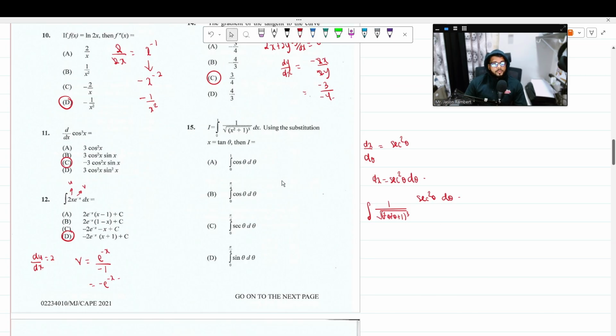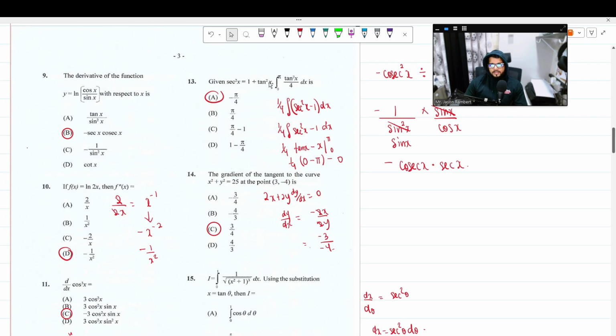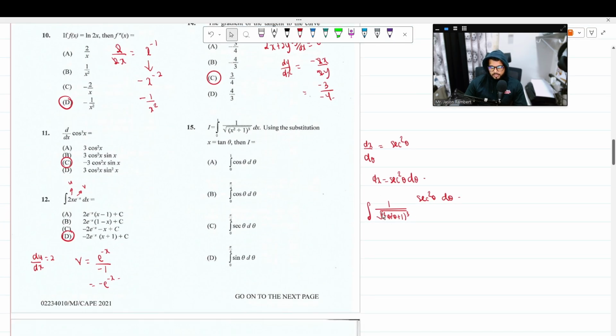Using some knowledge from the previous question, tan squared theta plus 1 is sec squared theta. So I get 1 over the square root of sec squared theta, all cubed, and that's to the power of 3 over 2.